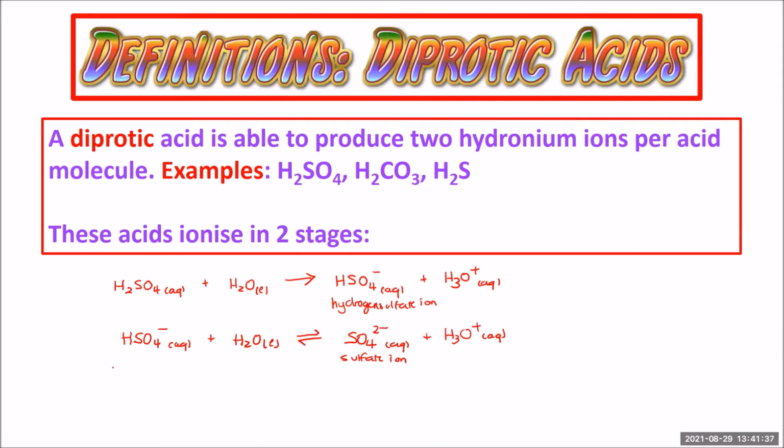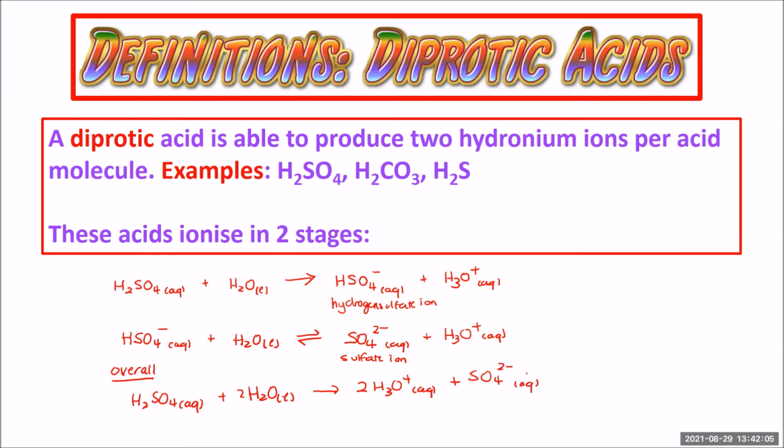Now, what's happened overall is that our sulfuric acid has reacted with 2 water molecules, and it's produced 2 hydronium ions and 1 sulfate ion.